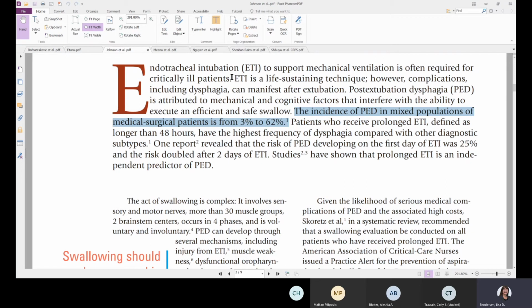Some of these claims might be considered common knowledge, but this definitely, this post-extubation dysphagia is attributed to mechanical and cognitive factors that interfere with the ability to execute an efficient and safe swallow. I think that should be cited.